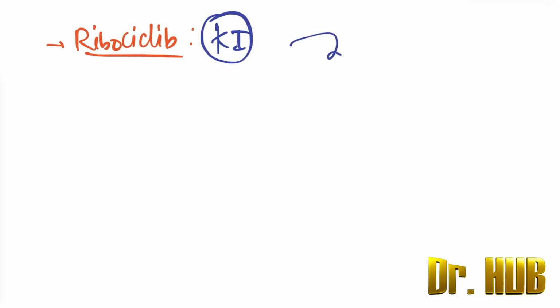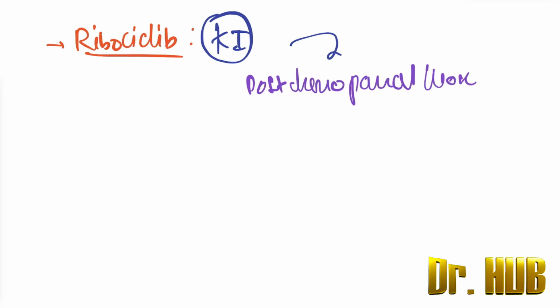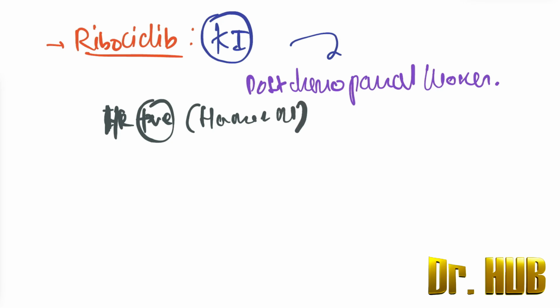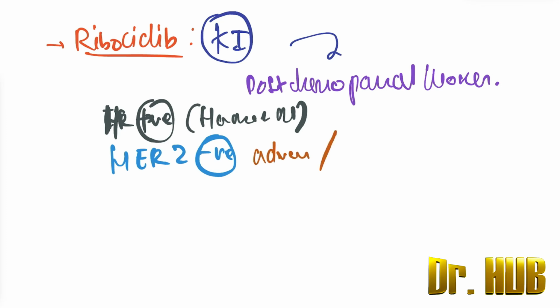It is used to treat postmenopausal women with hormone receptor positive, so they are ER positive, HR positive, that is hormone receptor positive, and they are also HER2 negative, with advanced or metastatic breast cancer.